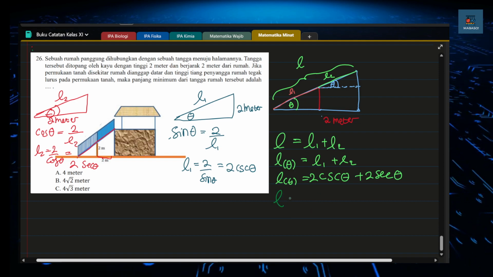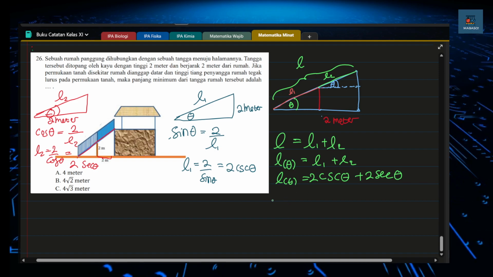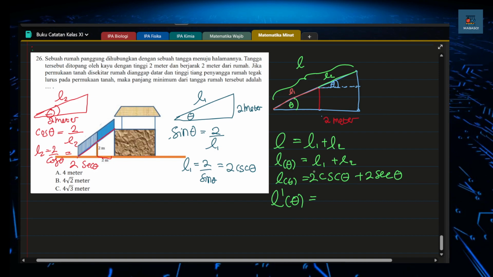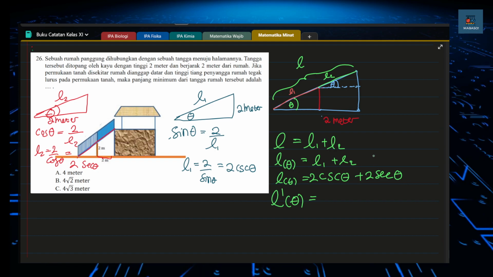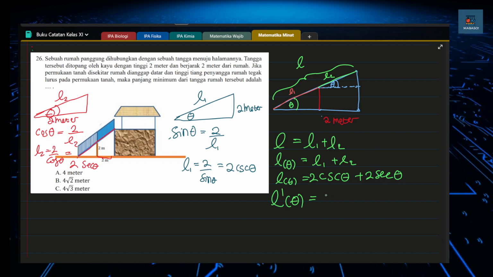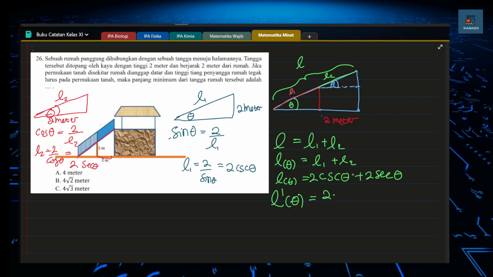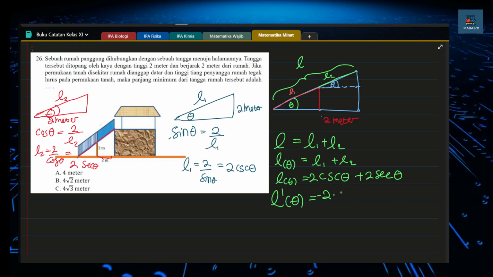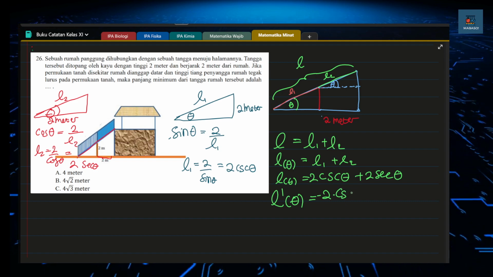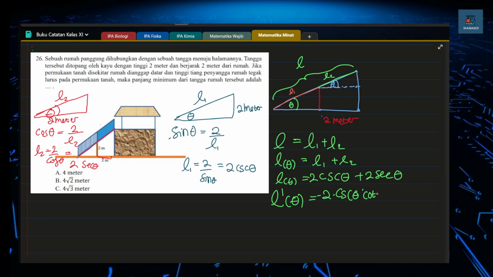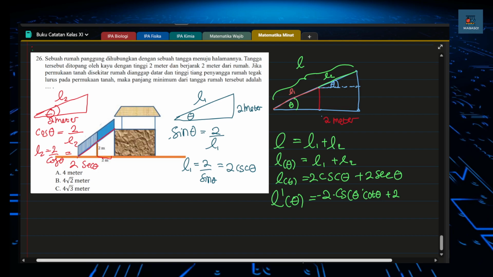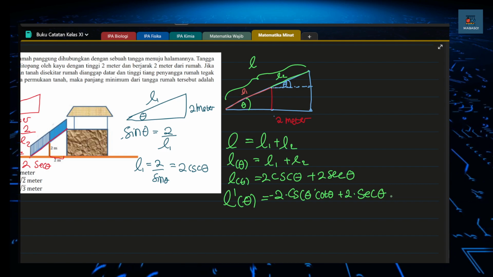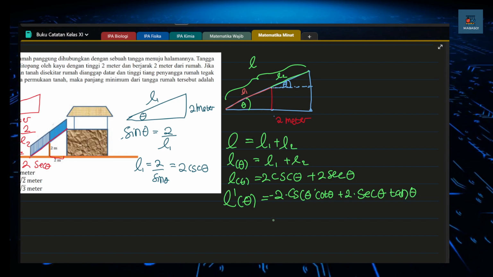So okay, let's derive this L. We derive L prime of theta, with respect to theta, of course, because the variable here is theta. So 2 times cosecant of theta. What is the derivative of cosecant? This would be minus cosecant theta cotangent of theta, plus 2 times the derivative of secant, which is secant theta tangent of theta.